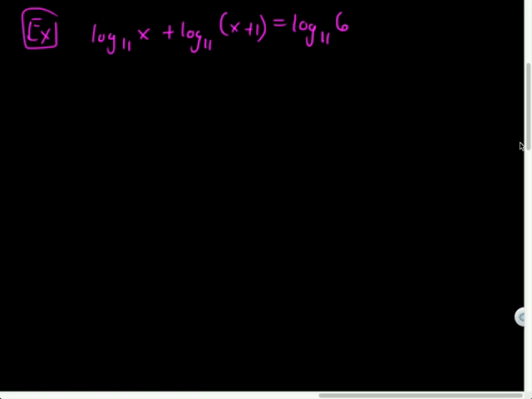Log 11 of x squared plus x equals 6. Where did that come from? When you're adding logs, it's the same as multiplying. Why do you want to combine those logs? To make it easier.